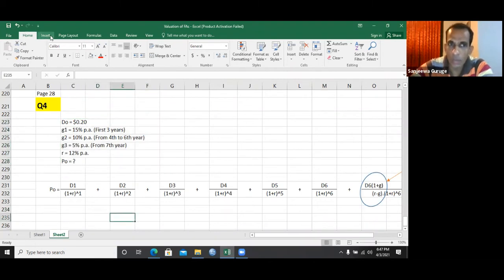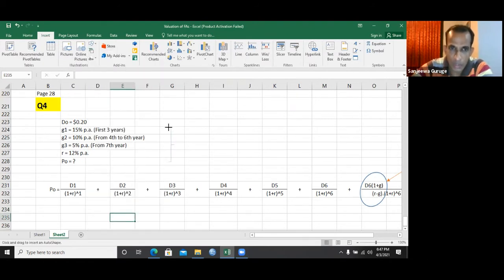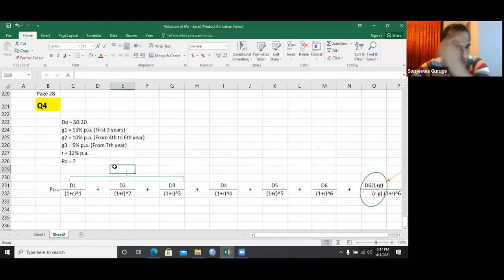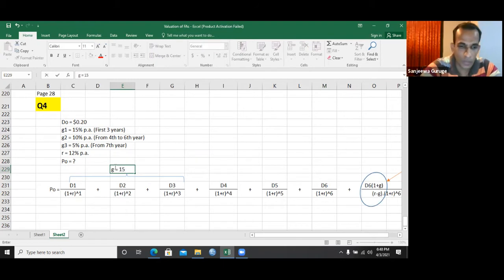Since these estimates are given, we know these first 3 dividends we have to estimate at the growth rate of 15%.